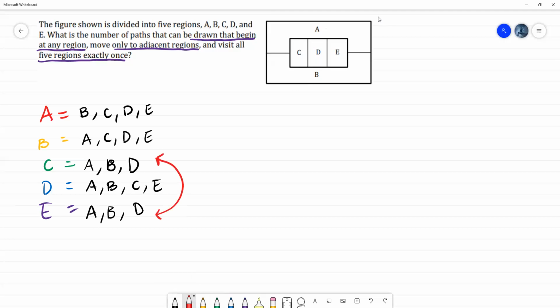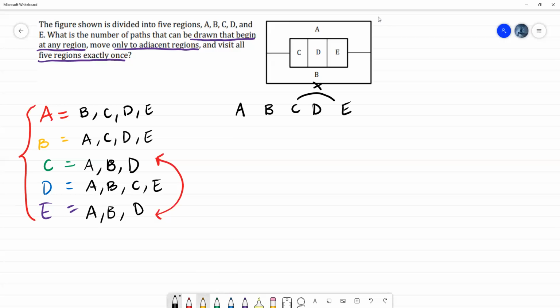If you think about it, it's also like our last problem where Colin and Megan, or whatever their names were, couldn't stand next to each other. So we can take these variables and treat them as people, like our last one. So A, B, C, D, and E, but C and E cannot be next to each other.